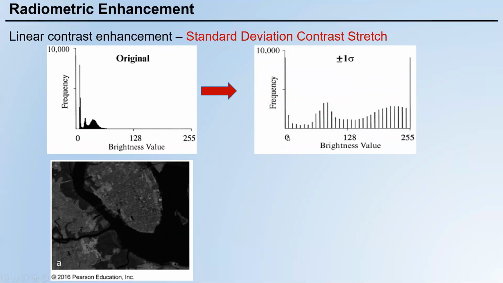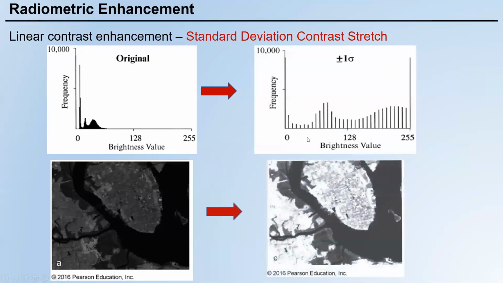So now you can say the whole dynamic range has been used by this output image, and here is the result. Now it's even easier to differentiate land and water body. Some pixels are becoming even brighter than in the output image of the max min stretch.